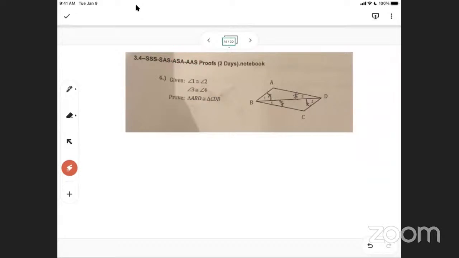So which side am I going to use? Can you see which side you're going to use if you have an angle and another angle? Am I going to use this side down here? Or maybe this side with this side? What am I going to use? Can you tell?